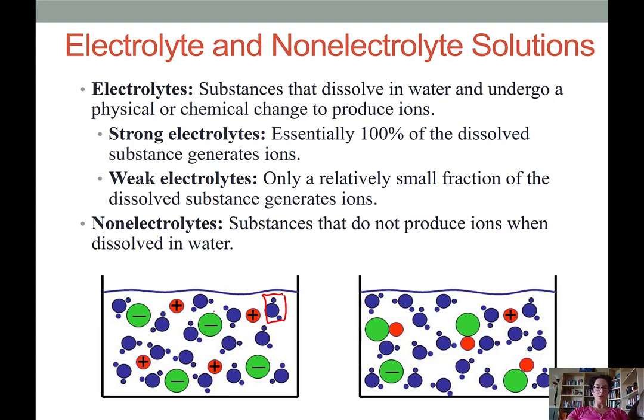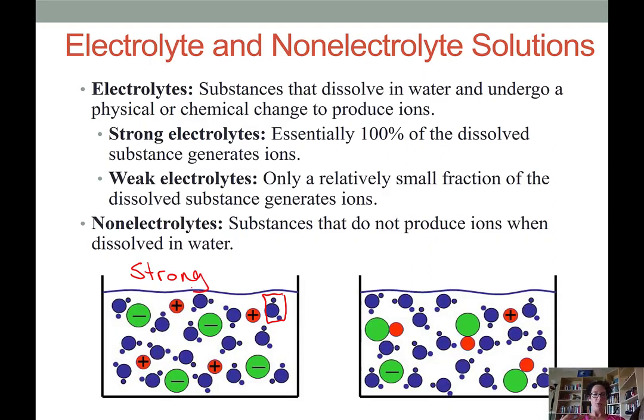As you can see in the image on the left, every red positive is surrounded by water and is not at all touching any of the green negatives. So the image on the left would be considered a strong electrolyte.